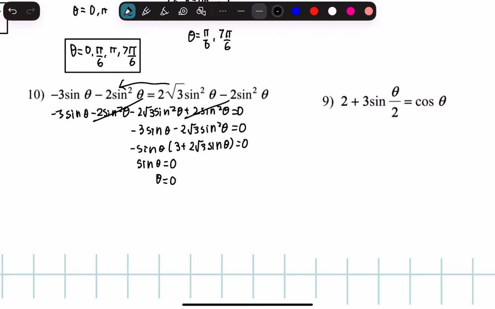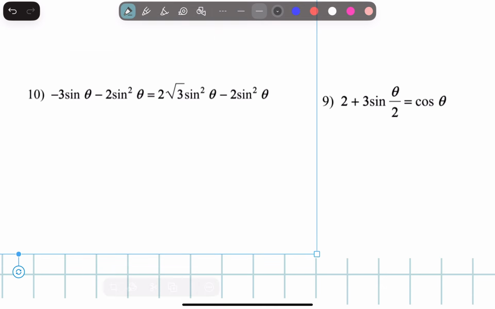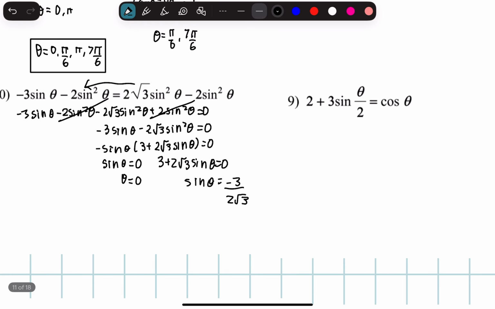So we have 3 plus 2 times the root of 3 sine of theta equal to 0. So you can subtract 3, and mentally you can just do sine of theta is equal to negative 3 over 2 root 3. Now you simplify this by multiplying the numerator and the denominator by root 3.